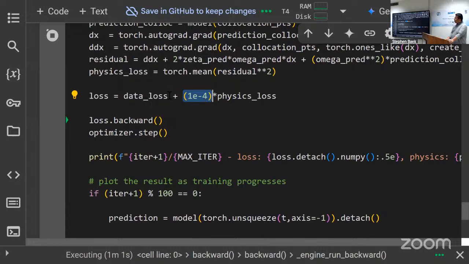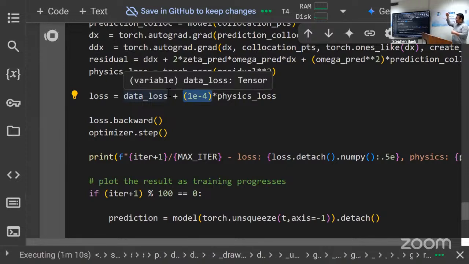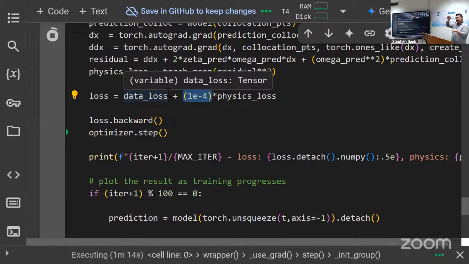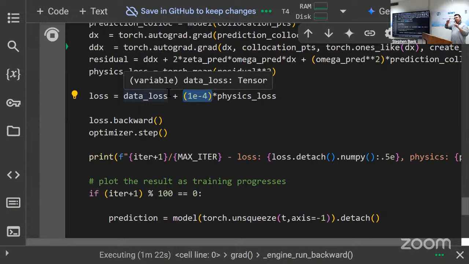Initially the data loss is going to be predominant because we're multiplying by some really small number. So at the beginning of the training, the data loss term is the predominant term. But after the curve fitting is done, the data loss term is going to be relatively smaller, and the physics loss term starts to be bigger than the data loss term.